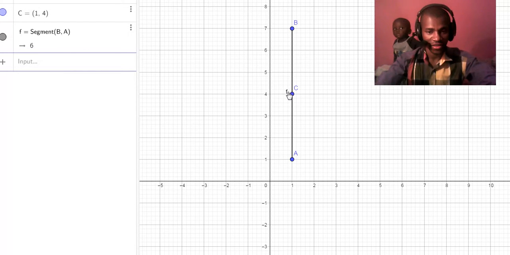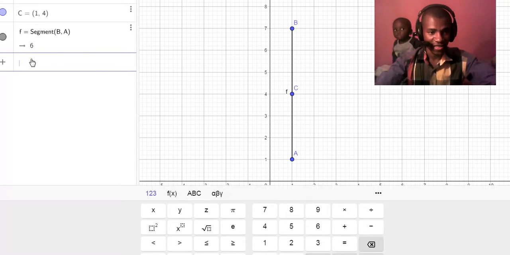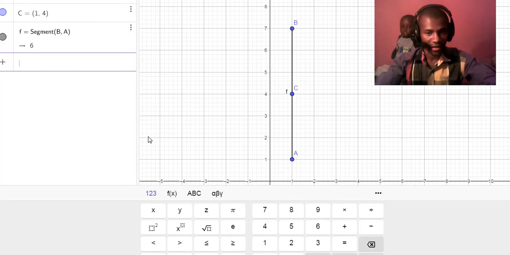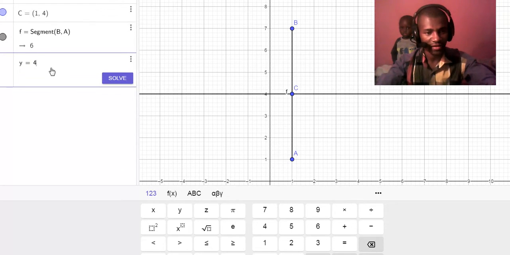So from here we can already see that our major will be along the y... no, it will be along coordinate 4 on the y-axis. You can just try to mimic where that line will be.